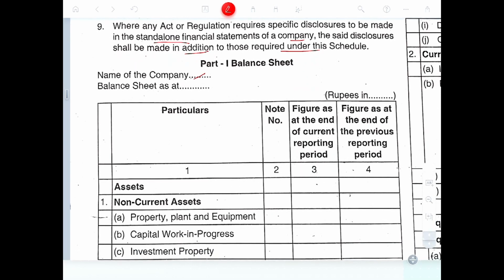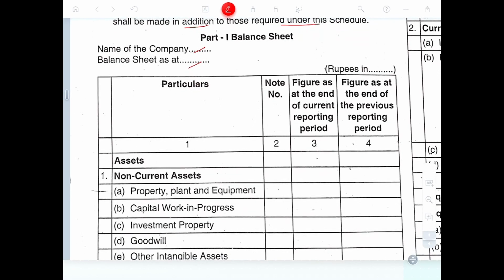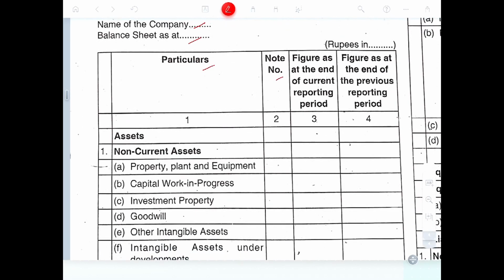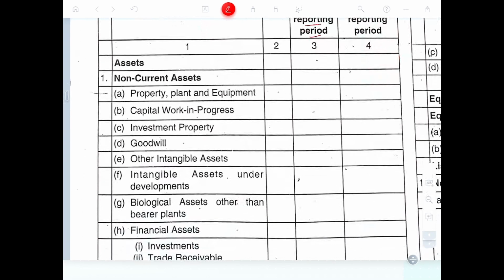Balance sheet: name of the company, balance sheet as at date, in rupees; particulars, notes, figures at the end of the current reporting period, figures at the end of the previous reporting period.